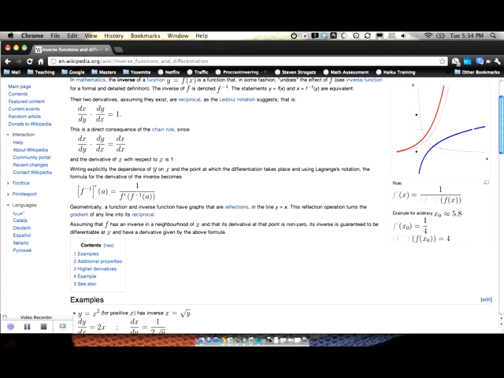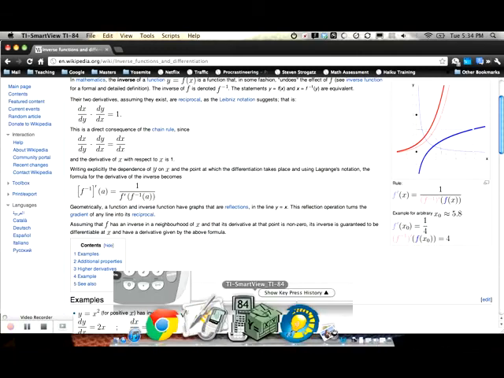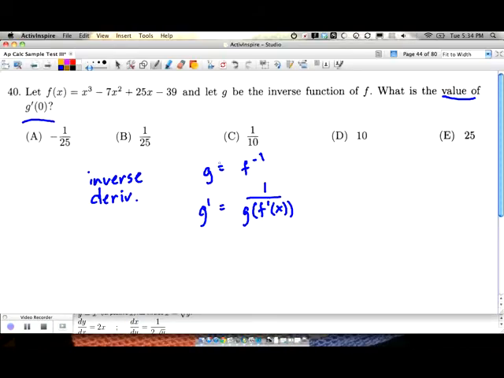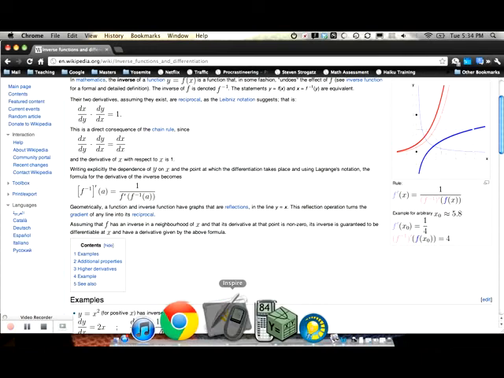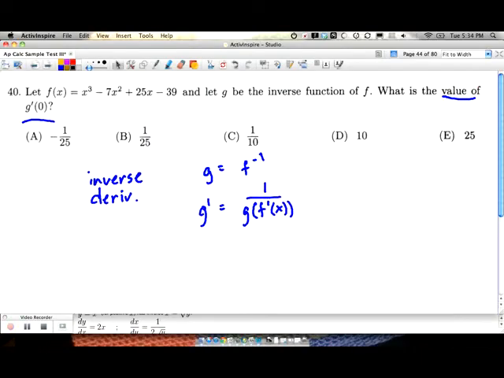We got that a little bit backwards. G prime is 1 over f prime of g of x.